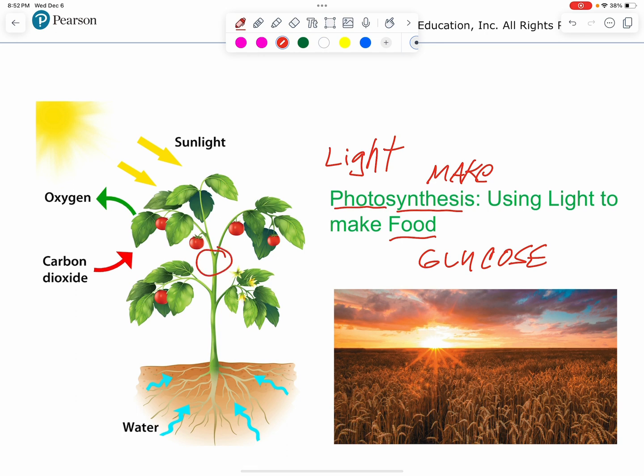You'll notice right here, it's got green. So look around campus and you will see that there's green not only on leaves, but sometimes on the little branches as well, depending on the species of plant and what type of environment they find themselves in.